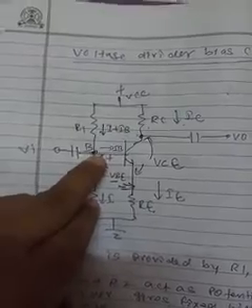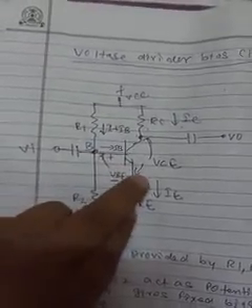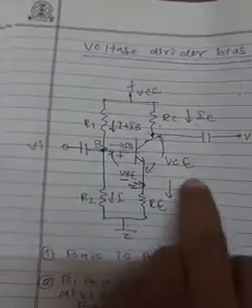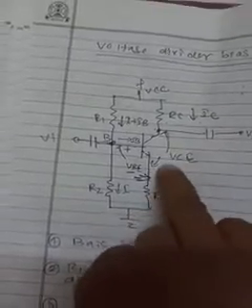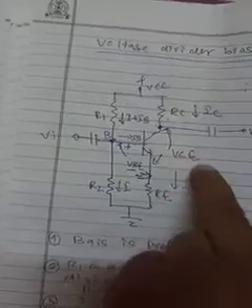Here you can see VB is developed between the emitter and base, called VBE, with plus and minus polarities. Okay, so VC is developed across the collector and emitter, called VCE. Here you can see the voltage across collector and emitter, meaning this is the collector and this is the emitter. Okay, so this is the circuit for the voltage divider bias circuit.